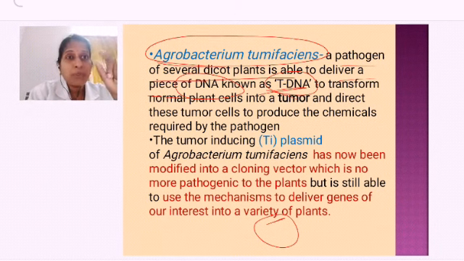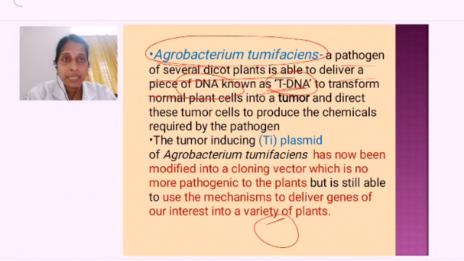So that chemical, the poison, is responsible for causing the diseases. Pathogenic means it is causing diseases. Okay, so this tumor inducing TI plasmid, now what I am doing? I am modifying it. How am I modifying it? That region which is pathogenic is removed from the vector, and in that I am introducing my foreign DNA.